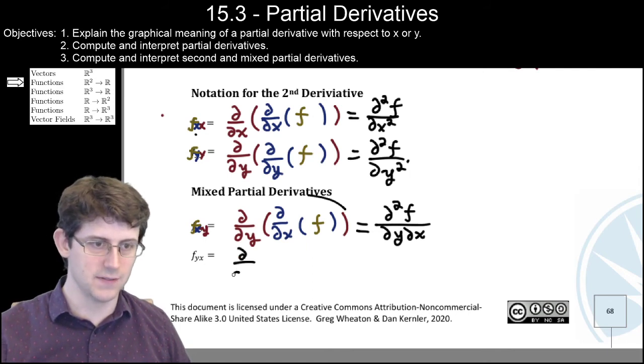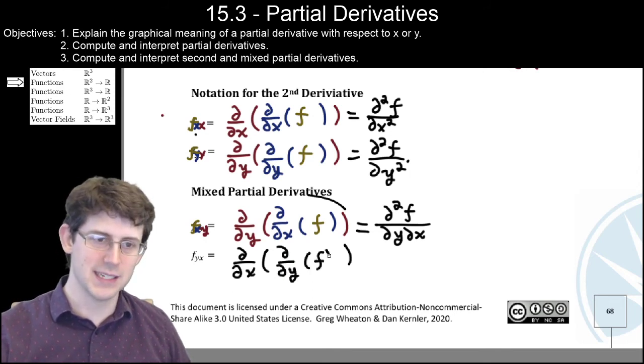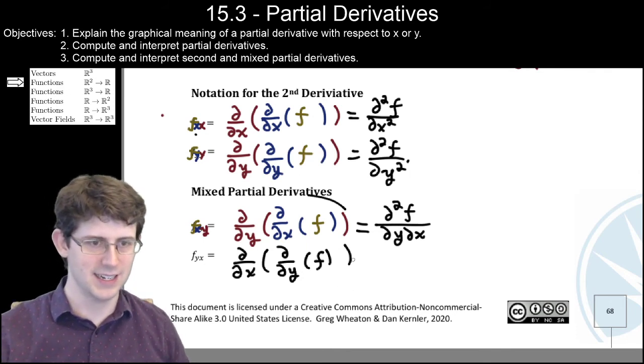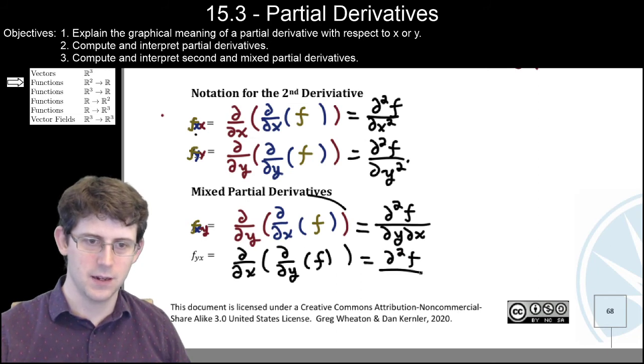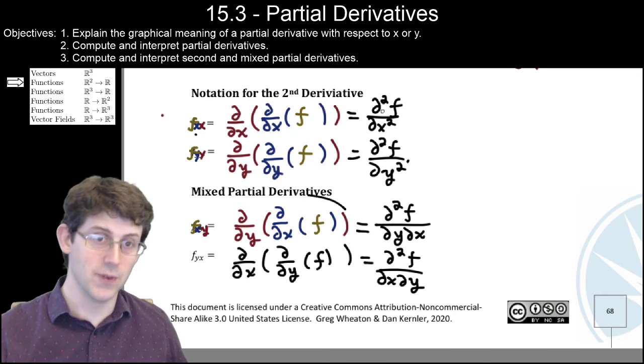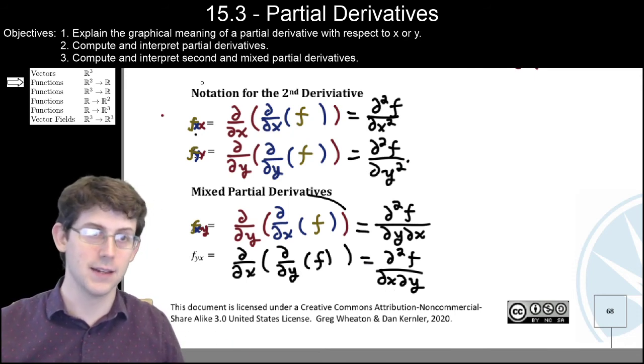The x is the furthest away. The y is closer in, so we'll evaluate it first, basically. If you read this across, you get partial squared f, partial x, partial y. So depending on the order that someone writes these letters, they're telling you the order that the derivative should be evaluated.